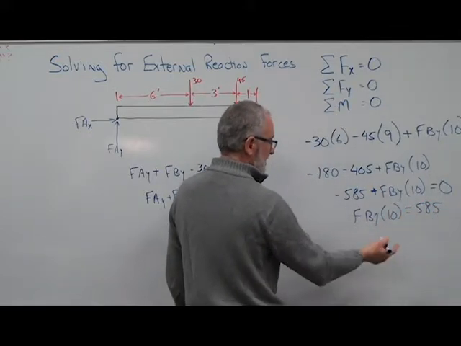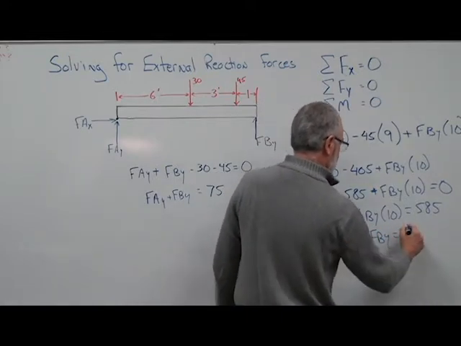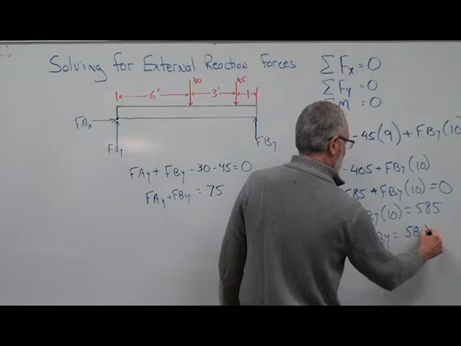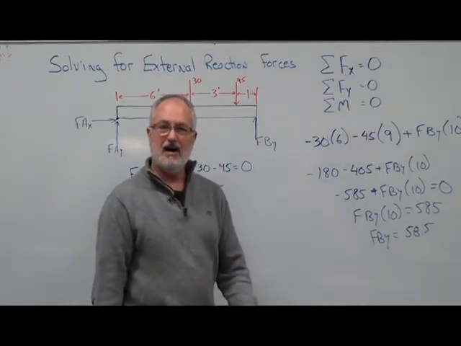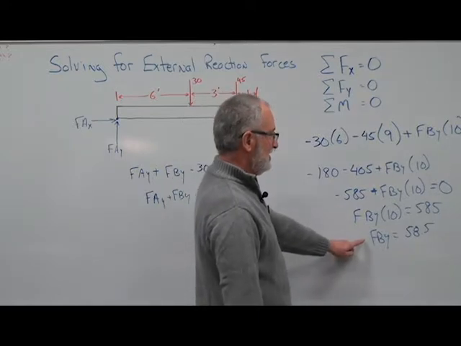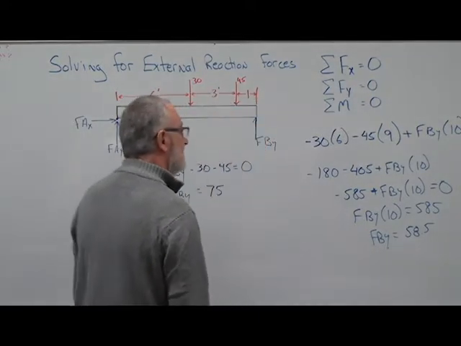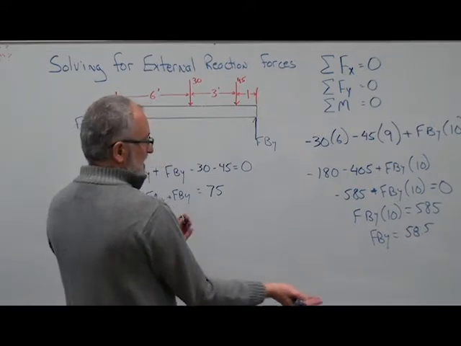I divide both sides by 10, and FBY is equivalent to 58.5, I hope. Okay, so now we've calculated FBY, and I'm waiting for my verification. I think that's all right. 585 divided by 10 is 58.5.